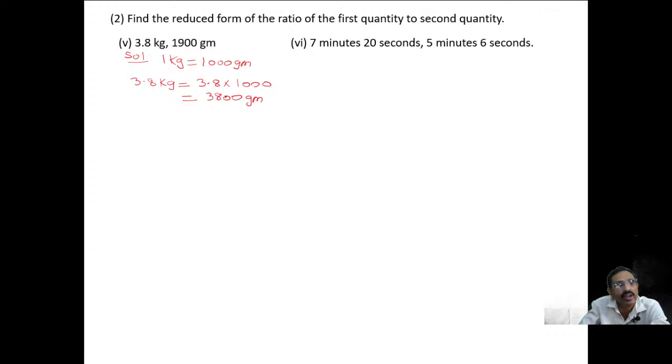We'll get 3800 grams. Now we have to find the ratio of 3800 grams to 1900 grams here. There is no need to convert because this is already in grams. So we write the ratio of, what is the first quantity given to us? 3800 grams to 1900 grams.